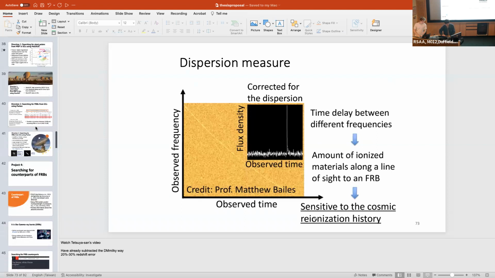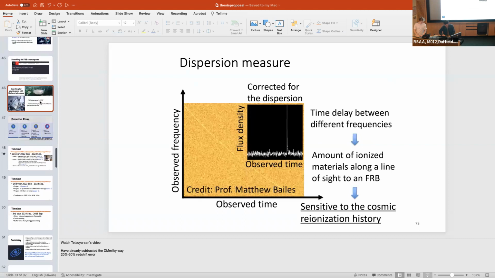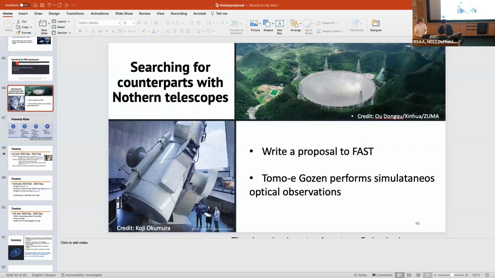Yeah, actually, I mentioned that I might write a proposal to FAST. I kind of want to relate it with project three. I'm trying to propose targeting globular clusters with FAST, maybe the Northern globular cluster, so trying to find counterparts from this kind of events may be very interesting, and that's what I want to do.